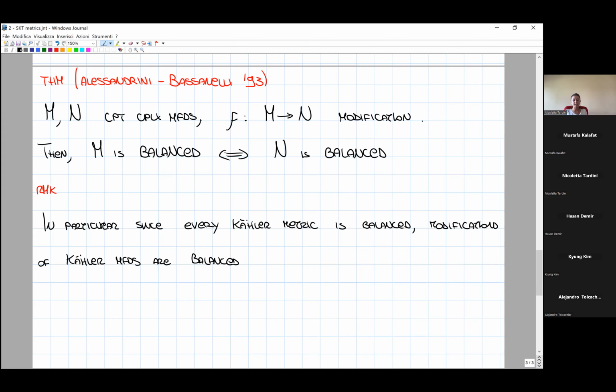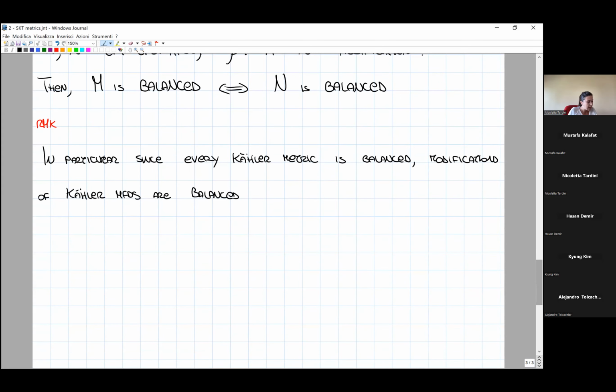So this is also suggesting that we have a way to construct new examples of balanced manifolds. You start with a manifold with a balanced metric, you construct a modification, and you find a manifold that still admits a balanced metric. And so hence, the so-called Moishezon manifolds and manifolds in class C of Fujiki are balanced.